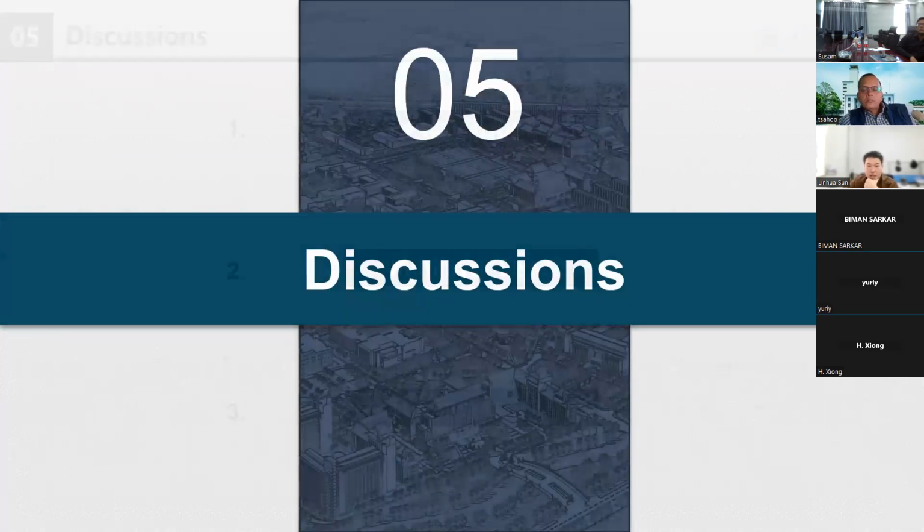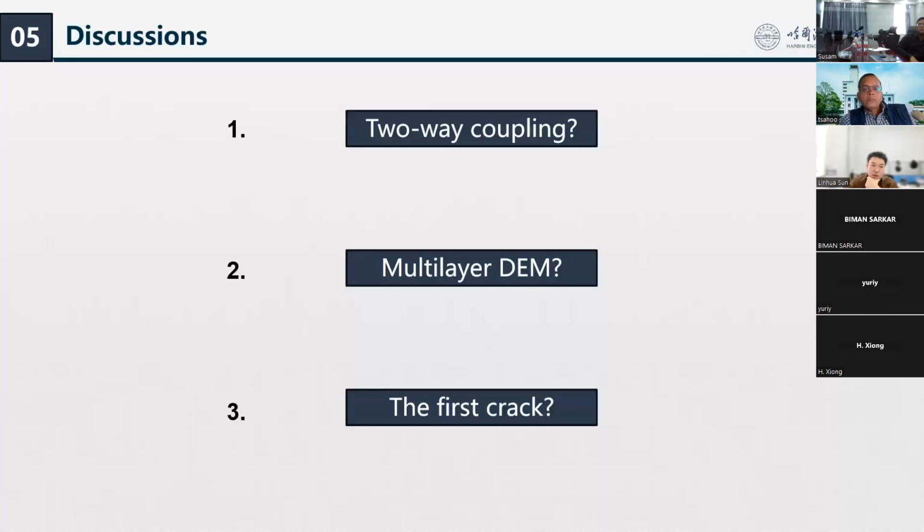Because this work is ongoing, I still have some problems to be solved. One is two-way coupling, because this work is only water to ice, not ice to water, so attenuation is not focused. Another one is multilayer DEM. In this work I use one layer of particles to simulate ice, so I need to use multilayer particles.